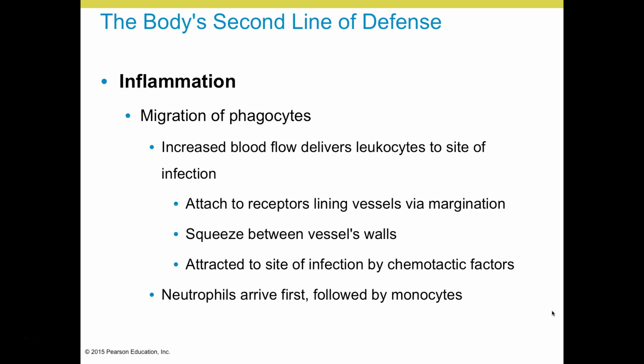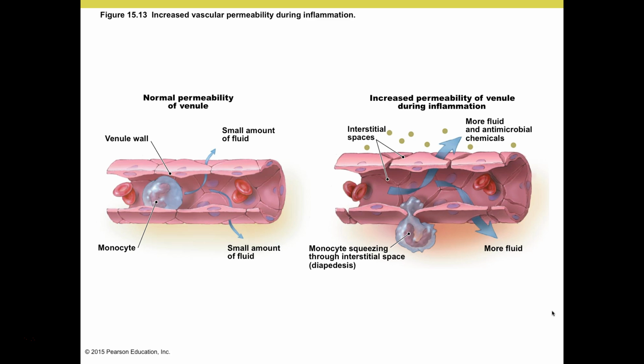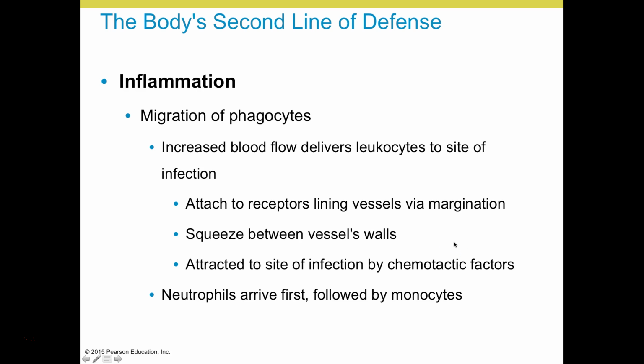And that's what it shows you, the migration of the phagocytes. It attaches to receptors via margination, which is what you saw right here. This is what is referred to as margination. It squeezes through, and then it attacks the infected disease. The first arrival is, of course, the neutrophils, and then the monocytes.